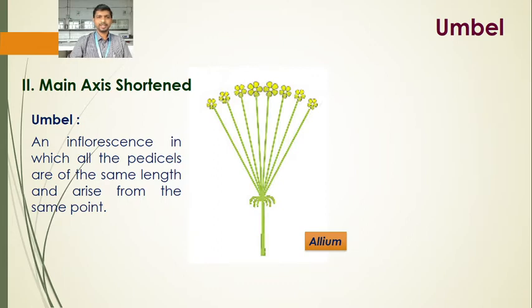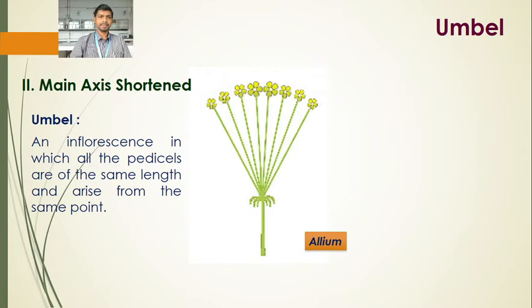If the peduncle is elongated, the types are the previous ones that we studied, like raceme, spikes and spadix. Then next criteria, if the peduncle is shortened, the type of inflorescence is the umbel inflorescence.